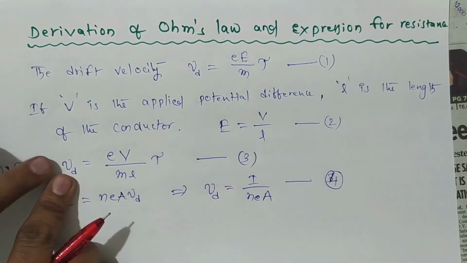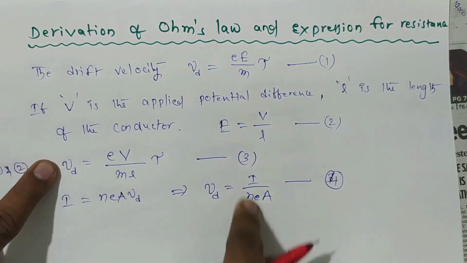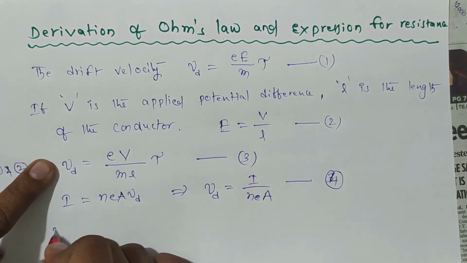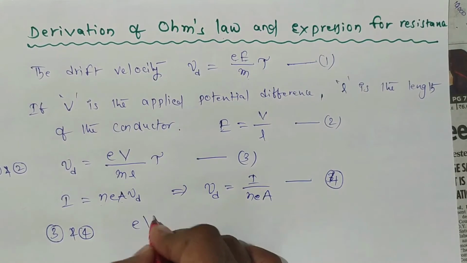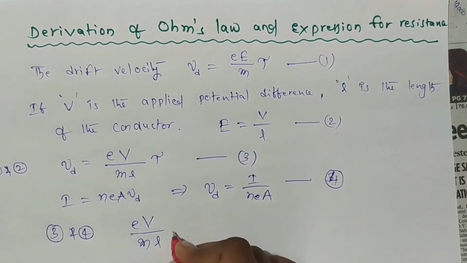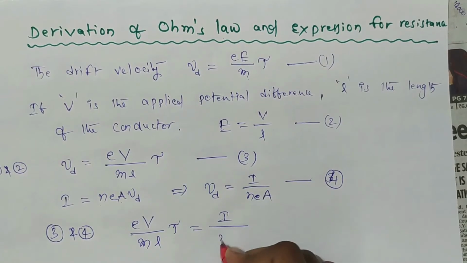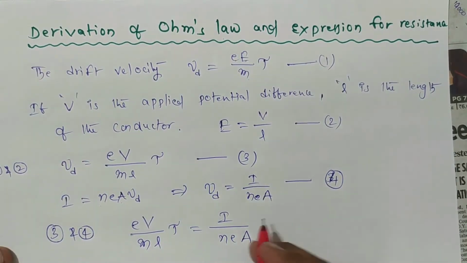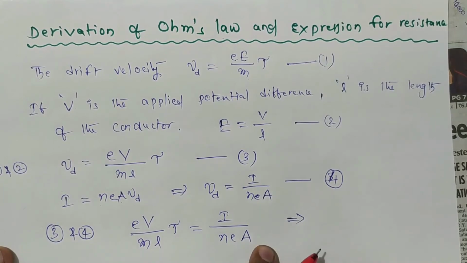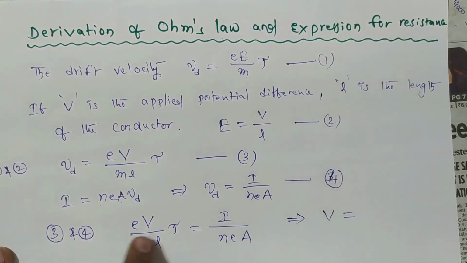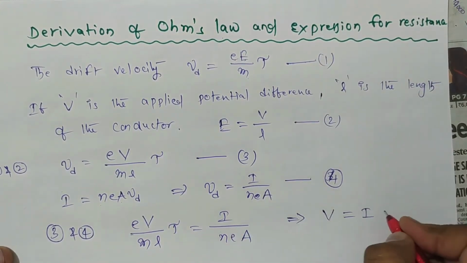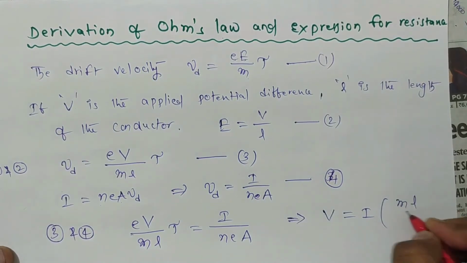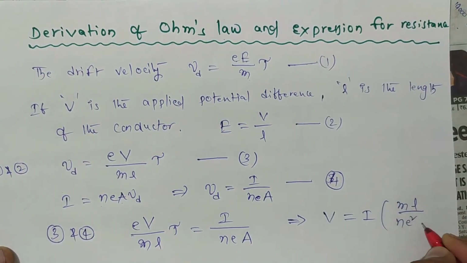But we know the drift velocity, and here also the drift velocity. So if you equate equations 3 and 4, you can write e V by m L into tau is equal to I by n e A. If you simplify these terms, taking the remaining terms to the other side and keeping I aside, V is equal to I into m L by n e square A tau.